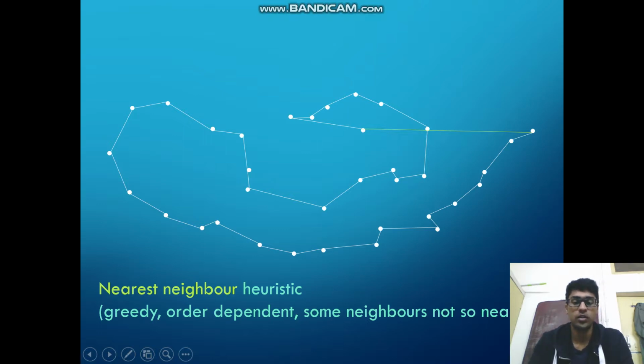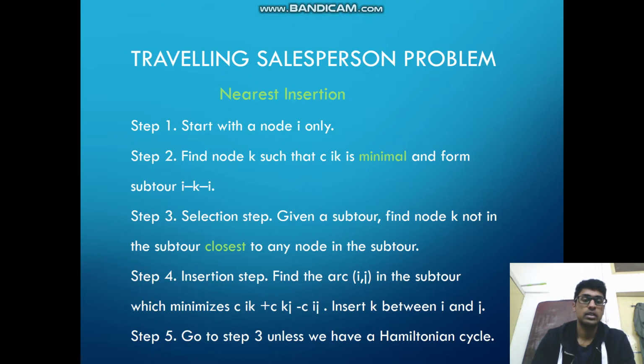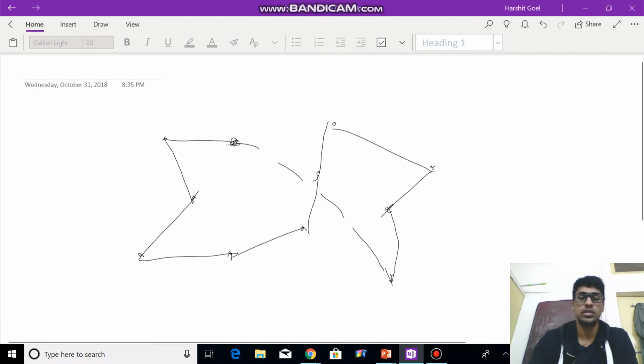So there are other heuristics for this, like the nearest insertion heuristic. What we do in this is start with a node i, and find node k such that c_ik is minimal, and form the subtour i-k-i. Let me show you what this means. Let's say we start from this node over here. Now we'll start forming our tour one by one.